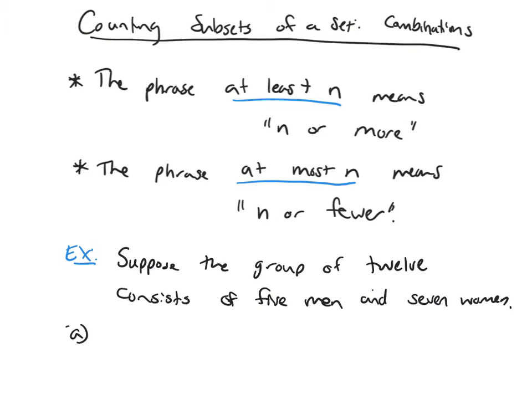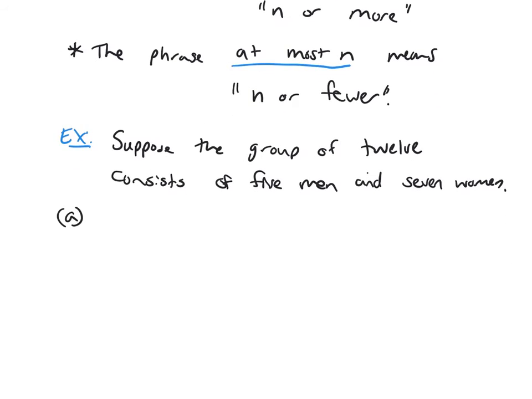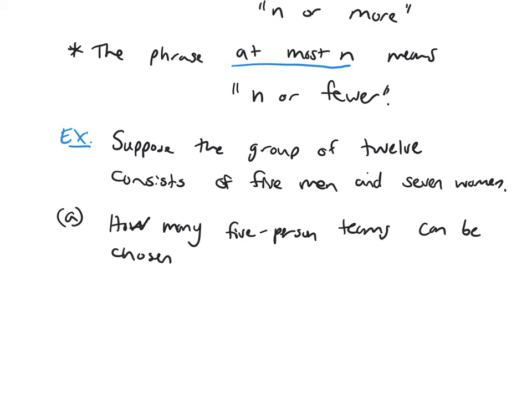So part A, we want to know how many five-person teams can be chosen that consist of 3 men and 2 women.